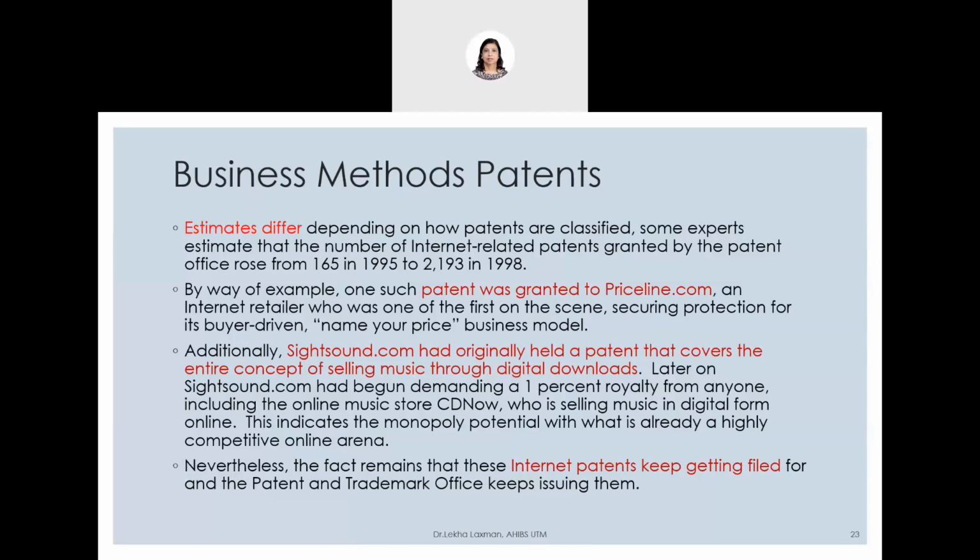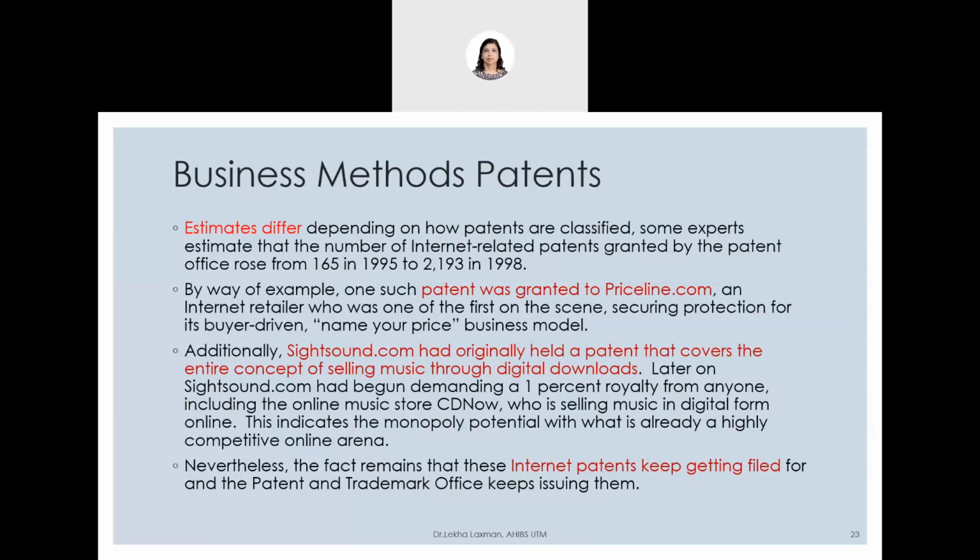Next came sitesound.com. Again, this was another business method patent that covered selling music through digital downloads. Anyone who downloaded music from sitesound.com was demanded a 1% royalty, and this includes the online music store CD Now, which was also selling music in digital form online.